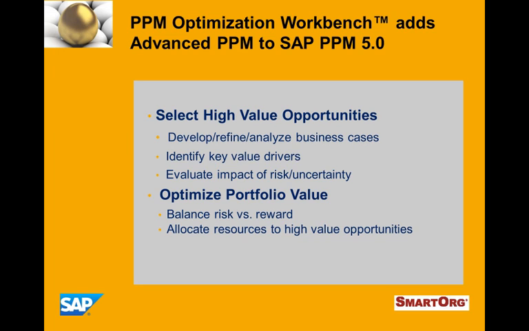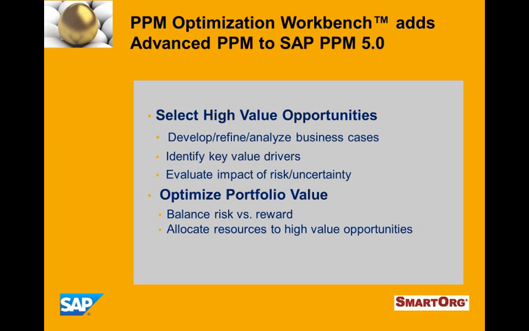Typically, you will find there are only a dozen at the very most, sometimes 3 or 4 drivers of value that are critical to the entire success of your project or process. And again, I'll continue to emphasize the importance of evaluating the impact of risk and uncertainty on your decisions.